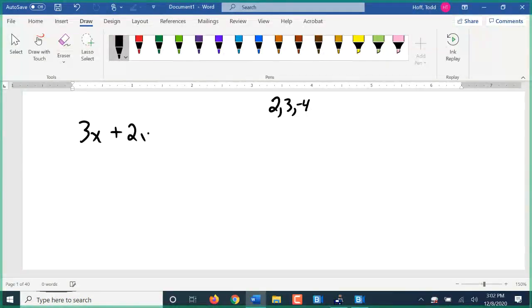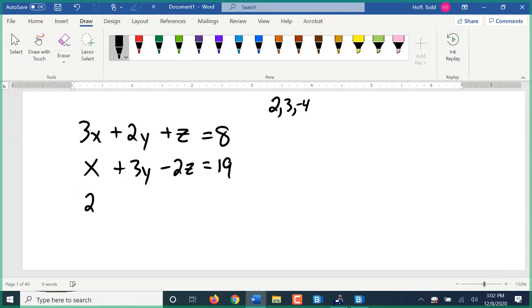What if we have 3x plus 2y plus z equals 8, x plus 3y minus 2z equals 19, and 2x minus y minus 3z equals 13.